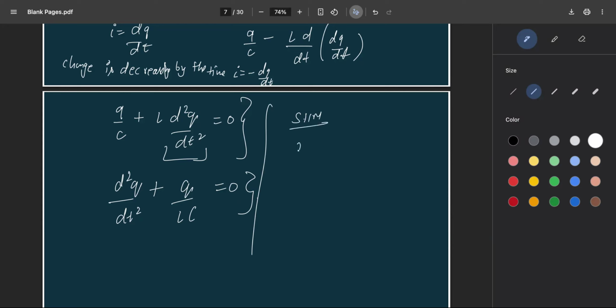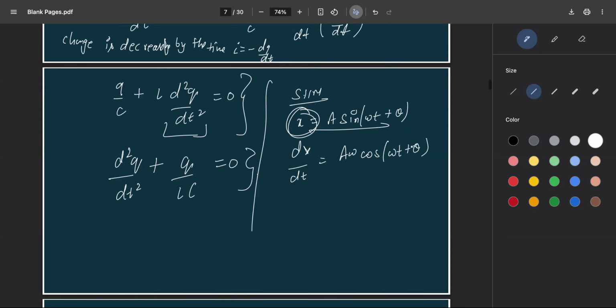there is an equation x equals amplitude times sine of omega t plus theta. If you remember, if I do a double differentiation of it, how will it come up? dx by dt gives a omega cos of omega t plus theta.